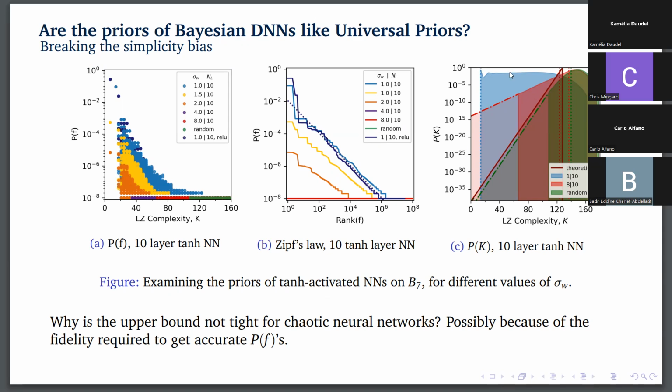And again, this P of K distribution, which is the ordered prior, behaves roughly as you expect. The chaotic prior, as you can see here, starts to fall down from this uniform in complexity. And then the green, just for comparison, is what happens if you just randomly sample over strings.